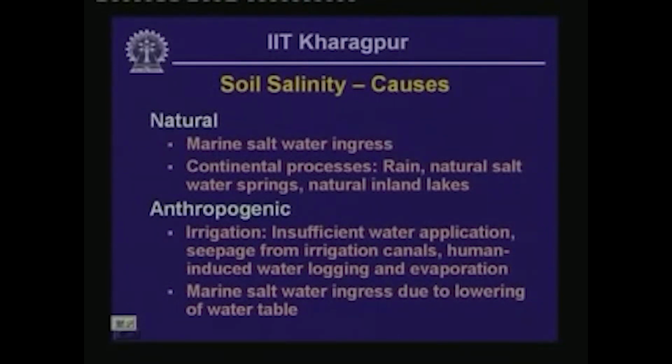Because of insufficient quantity of water application or seepage from irrigation canals, the salt particles that are contained within the water that is applied get accumulated within the soil voids, and this increases soil salinity, so much so that a large proportion of the surface irrigated area in many countries has gone unproductive from the agricultural point of view because of increased salinity.